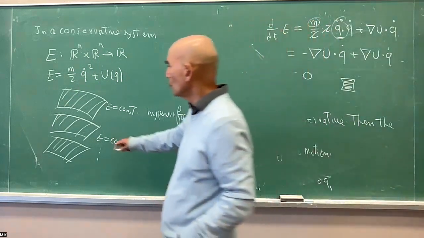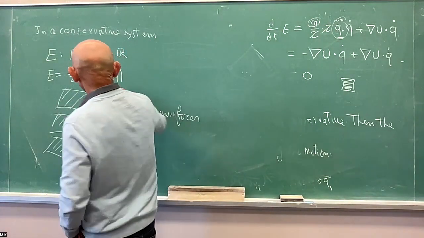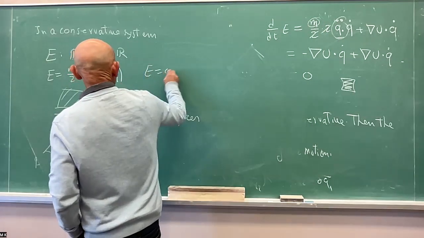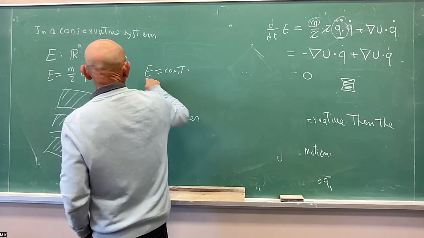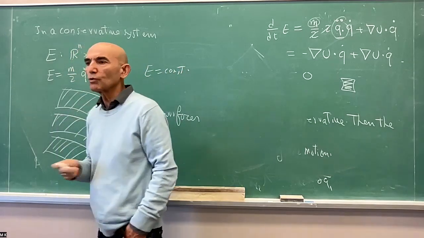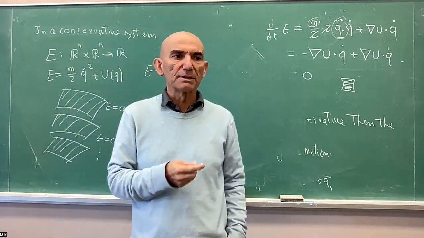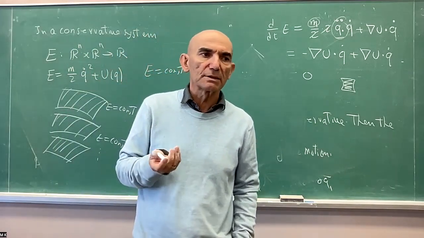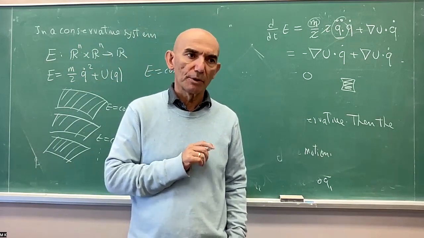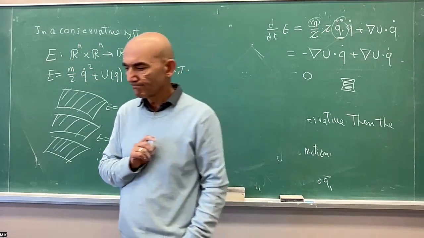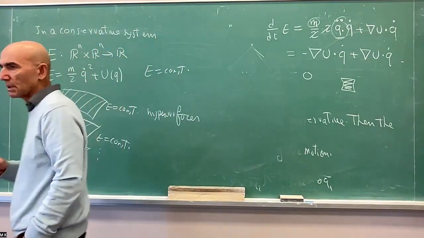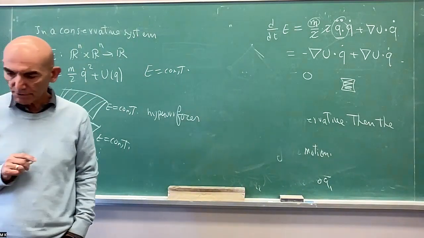So E equal to constant, the dimension of this is typically 2n minus 1, but it can be less. There can be singularities on this thing, but generically it's a submanifold of dimension 2n minus 1. This is important for some discussions.